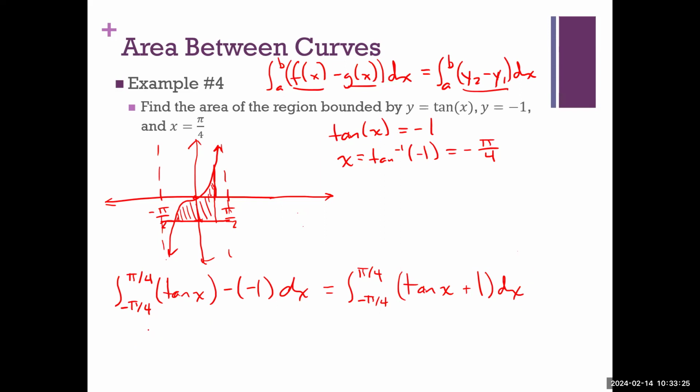Negative natural log of cosine. Where'd that come from? Sine of x over cosine of x. That is something we've done a few times. We could set it up using u substitution, tangent in terms of sines and cosines, but this does come out to be negative natural log of the absolute value of cosine of x plus x, right?